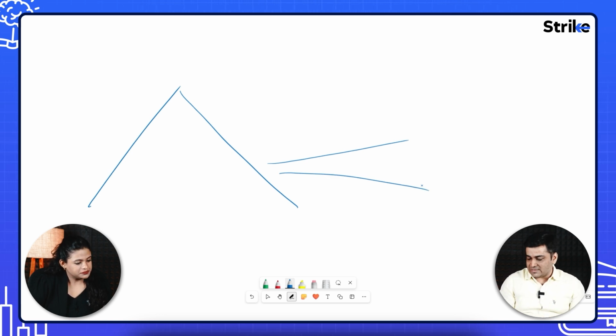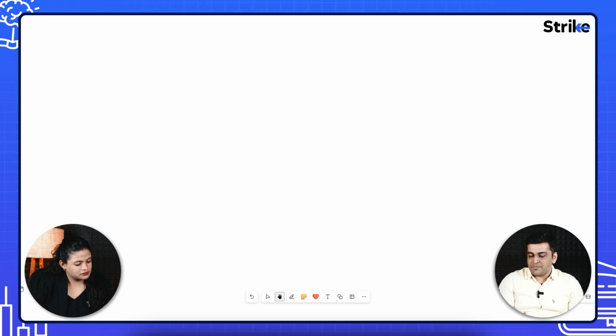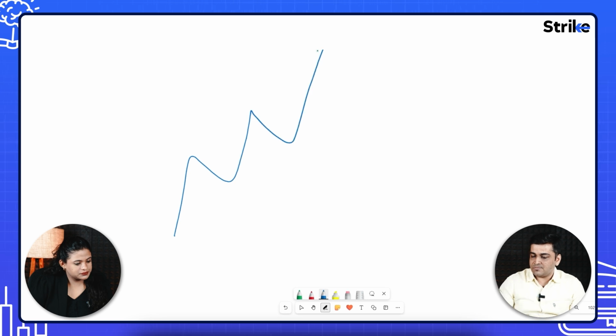But how to draw these trend lines? To draw a trend line, on a particular chart, let's say this is a line graph, we need to connect two significant tops or two significant bottoms and draw a straight line.